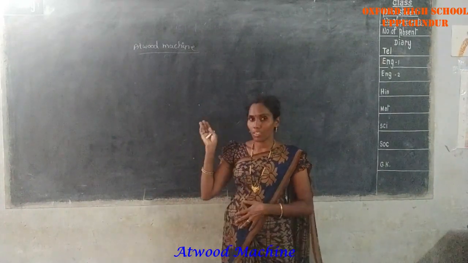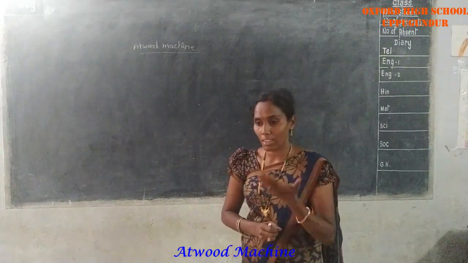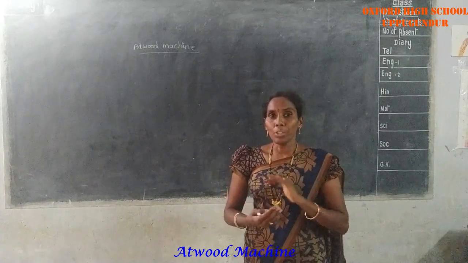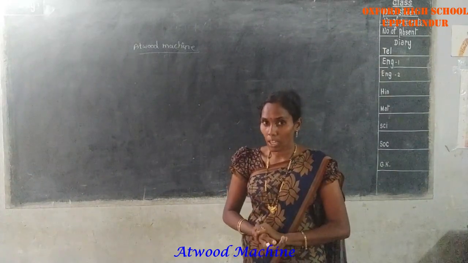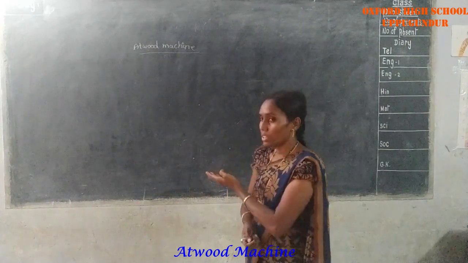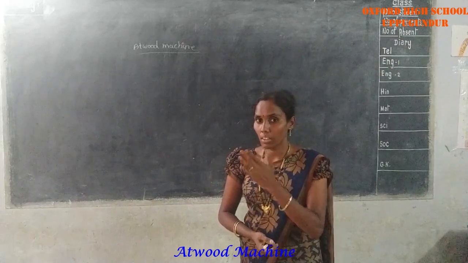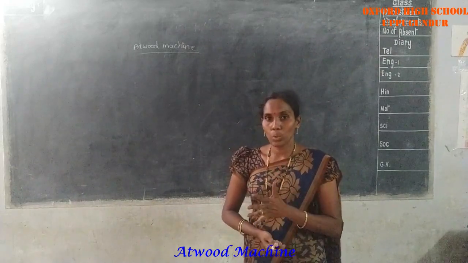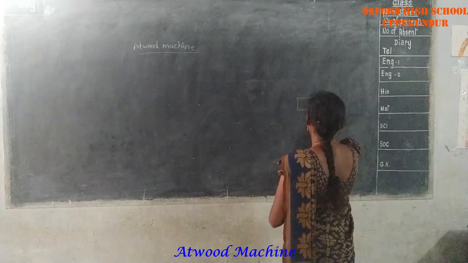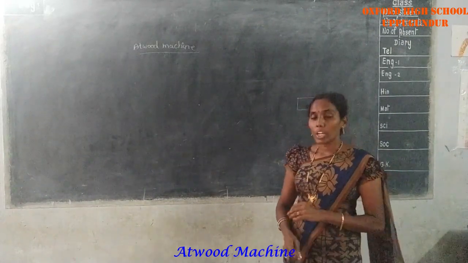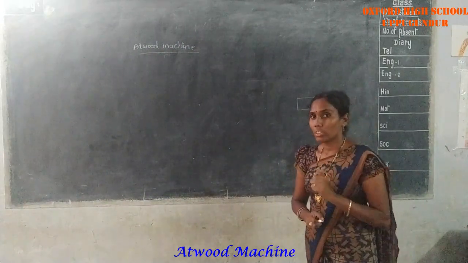Before discussing this topic, I have to explain what forces are acting when an object is in rest position and how many forces are acting on an object which is in motion. For example, if an object is placed on a table, at rest, two forces are acting on it.